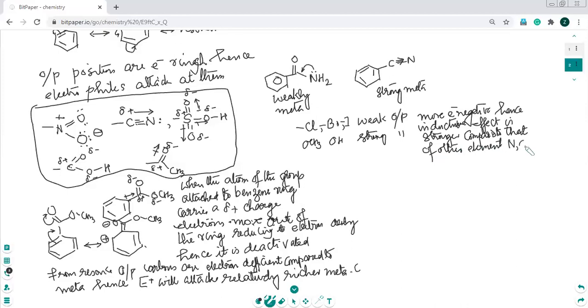Sorry for that. So what happens is you have an electron withdrawing inductive effect and electron donating mesomeric effect. Okay. So slight excess is there for the mesomeric effect. That is why we call it a weak ortho-para directing group.